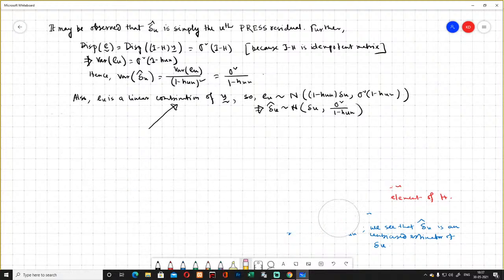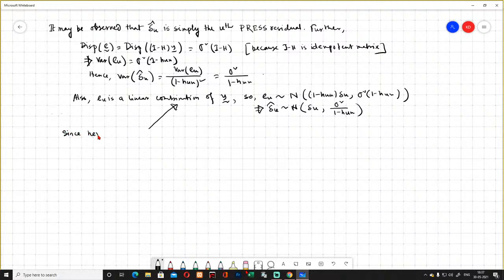So since here sigma square is unknown, we estimate sigma hat square by MS error.